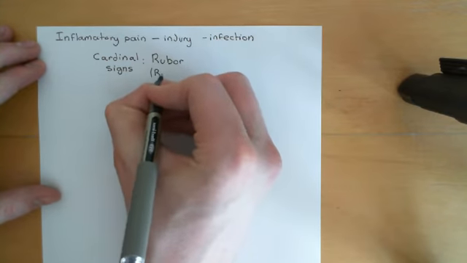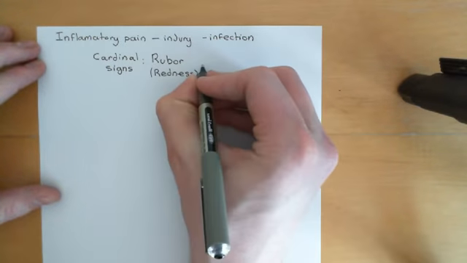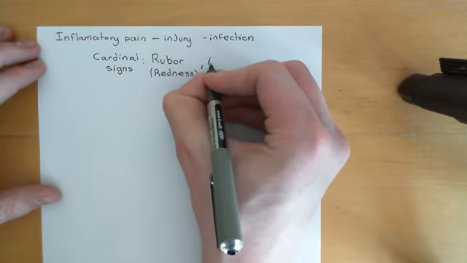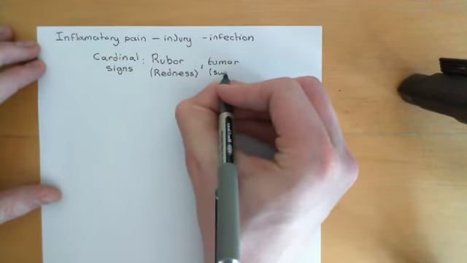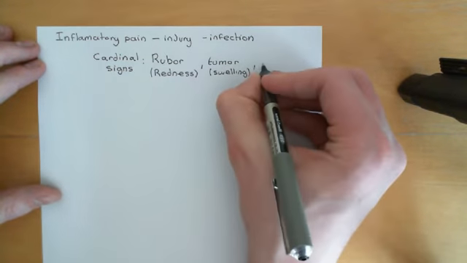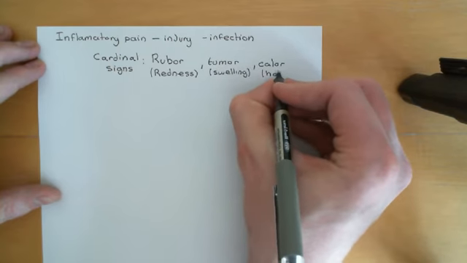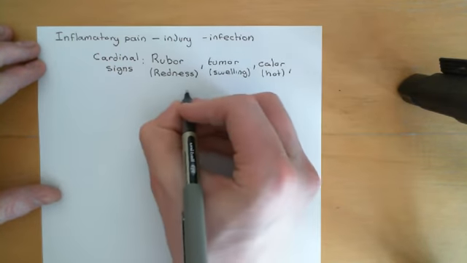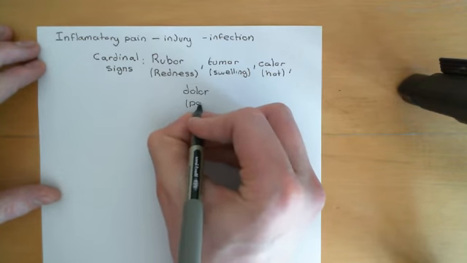Then you also get tumor, the Latin for swelling. Then calor, which means it's going to become a hot area. And the final one is dolor, which is pain, basically: the inflamed area becomes painful.